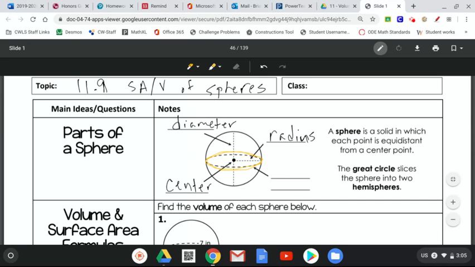When I think of hemispheres, I think of the globe. We're in the northern hemisphere, and South America is in the southern hemisphere. If you took a ball and cut it directly in half, you would have that circle that sliced it through. That is what we call the great circle.